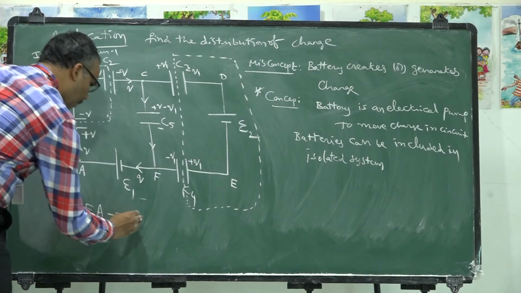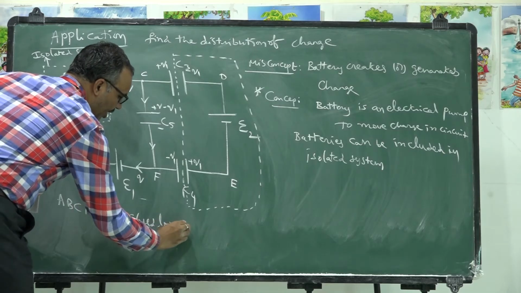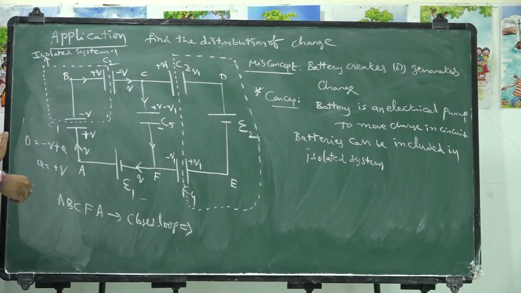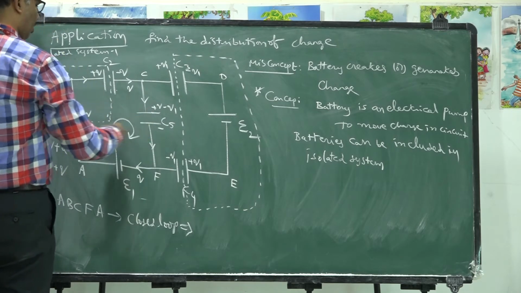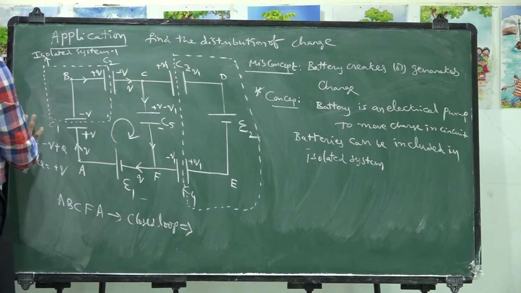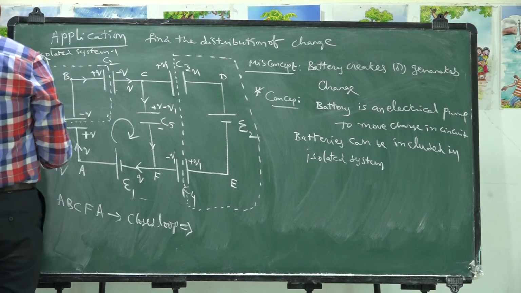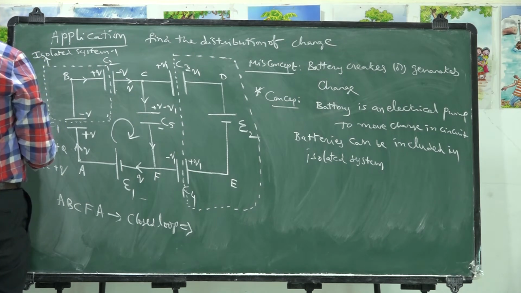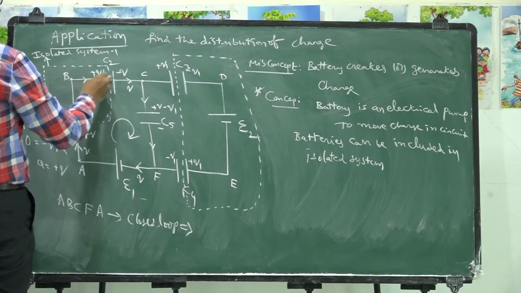In this closed loop, I need to apply the loop law. In order to apply it, I need potentials at each and every element. Suppose I am going in clockwise motion. What is the potential here? The potential at this capacitor is V1, which you can calculate by dividing charge by capacity, Q by C1. What is the potential here?